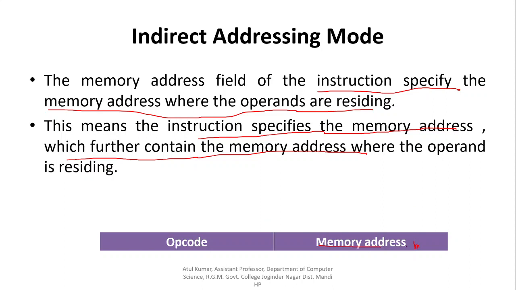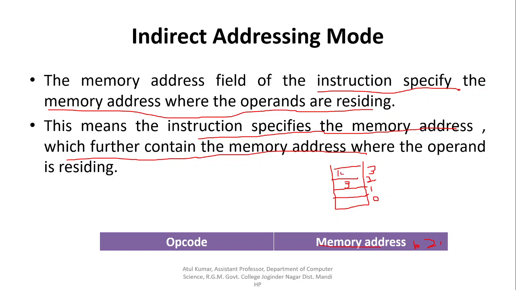I will give you an example. Suppose this is a memory, containing locations 0, 1 and 2, and in location 2 suppose we have 3, and in location 3 we have 100.